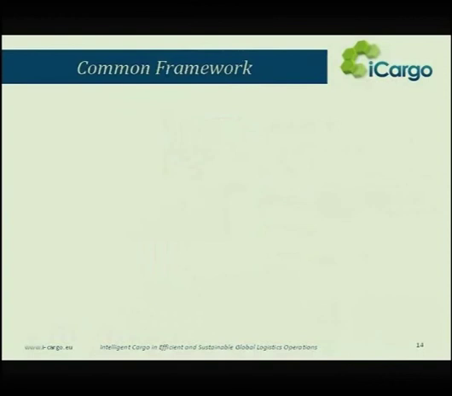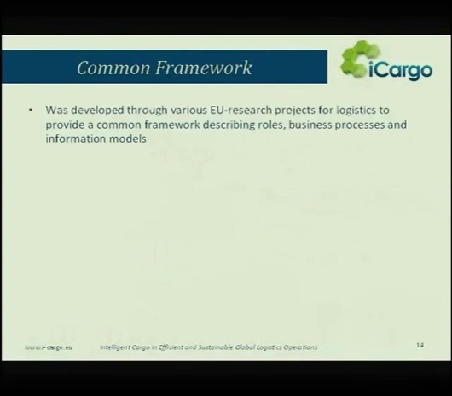Now, apart from Logico, which is a collection of concepts, we're also using something that is called a common framework. And the common framework is a reference model. It was developed through various EU research projects for logistics. And it basically describes roles, business processes, and information models used in logistics. In fact, it contains an information model.